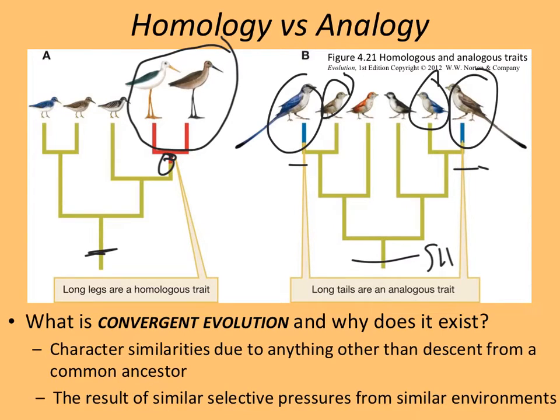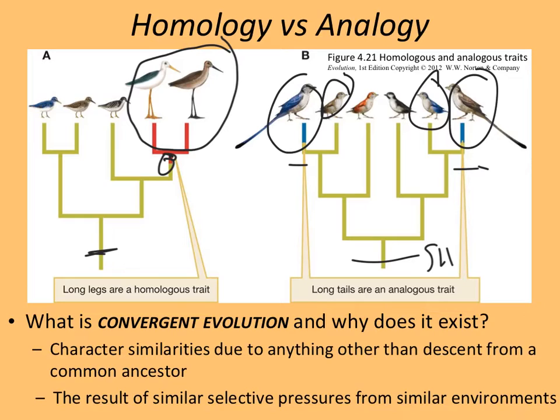Now, why do these two birds have longer tails? Well, they probably live in an environment where perhaps having a longer tail is more beneficial. The forest structure might be different. Or both birds might use long tails as a sexually selected characteristic where the males use it to display to the females. Okay? So it looks like they might have shared it because of a common ancestor.